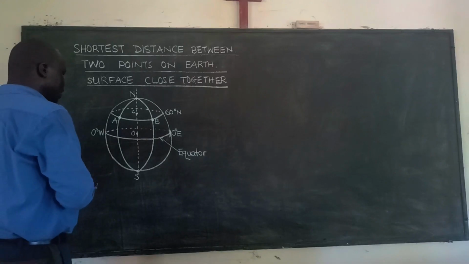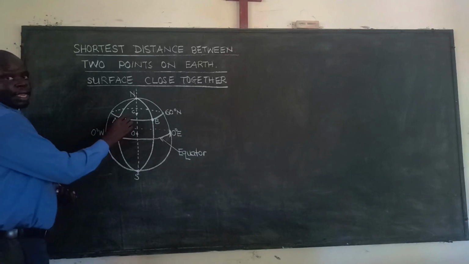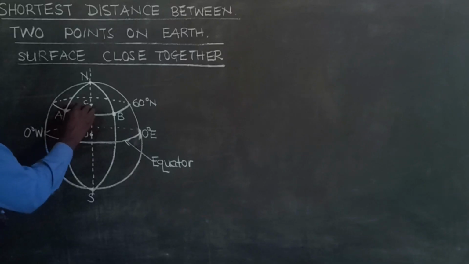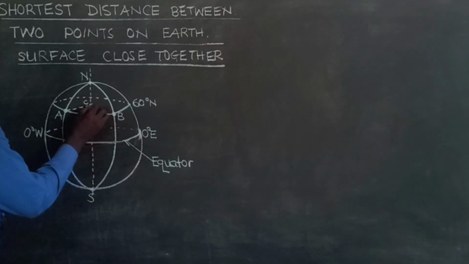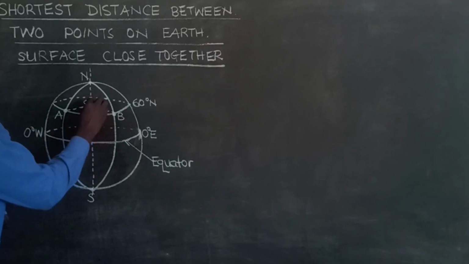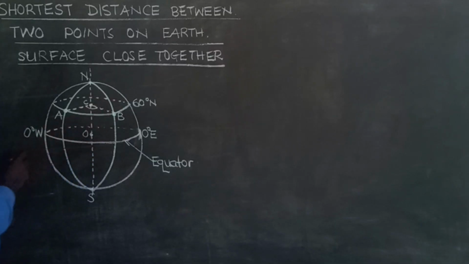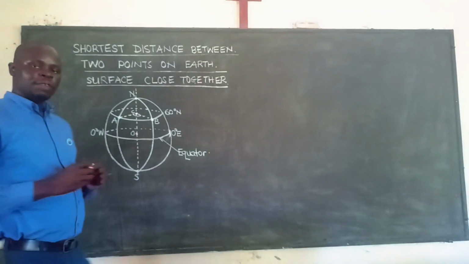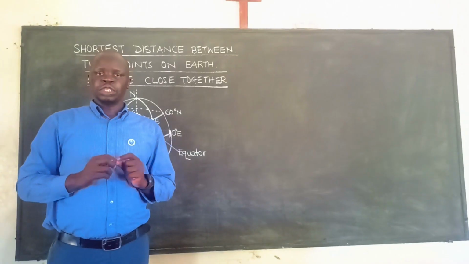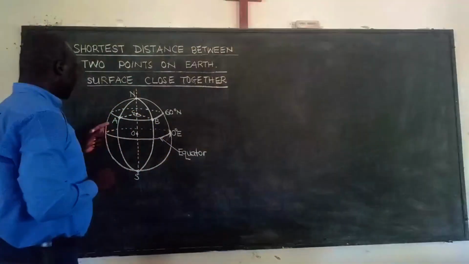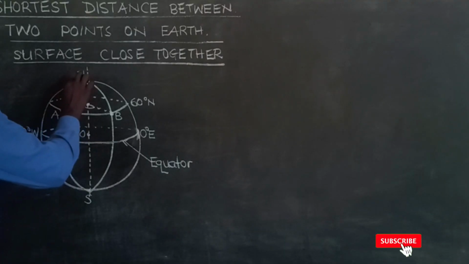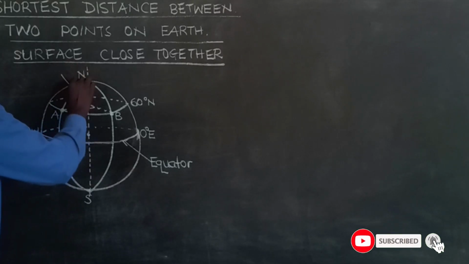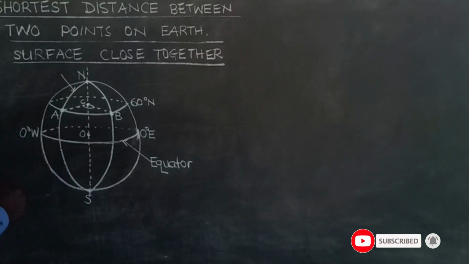So if we extend from here our A to the center C and also extend our B to the center C, we will have a certain angle extended, and that is the angle difference between the two longitudes on this side here. Maybe we are going to give some degrees for these longitude lines.